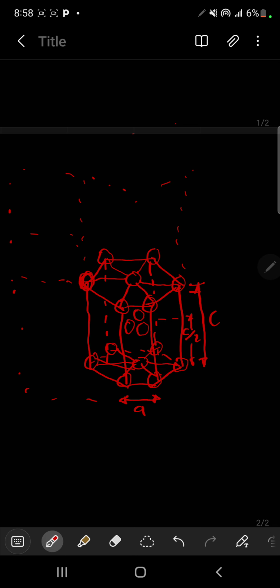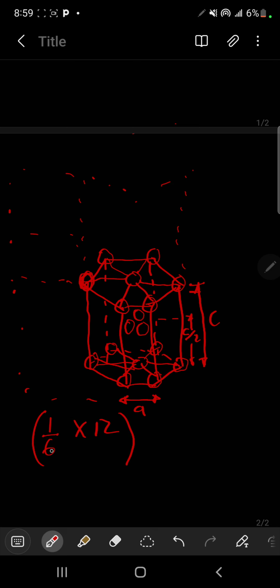So considering this section of the crystal, we would just say that we get a portion of 1/6. Then how many corners does this crystal structure have? It has 6 on top, 6 down, so that makes 12 in total.